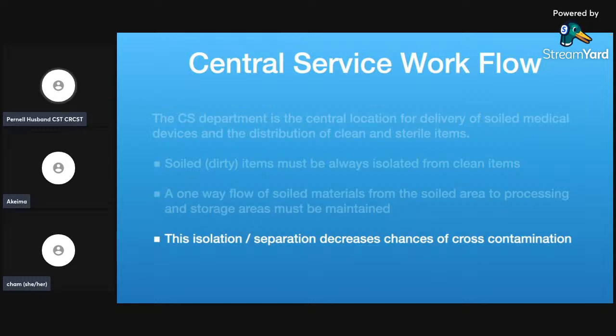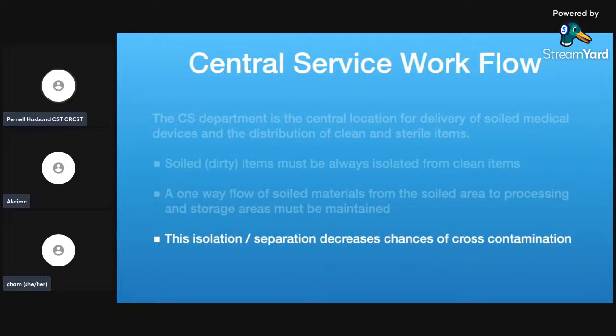So this isolation, this separation that I'm talking about as it relates to the one-way flow and keeping soiled and clean separate, again, decreases the chances of cross-contamination. And what is cross-contamination? It's the spreading of pathogens or microorganisms that could be infectious to either inanimate objects, doorknobs, chairs, what have you, and then other people touch it, so on and so forth, and now they have something, right?